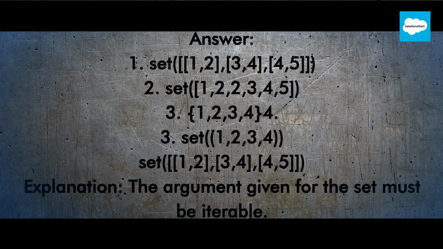Set(1, 2, 3, 4, 4, 5, 2). 2. Set(1, 2, 2, 3, 4, 5, 3, 1, 2, 3, 4, 4, 3). 3. Set(1, 2, 3, 4). 4. Set(1, 2, 3, 4, 4, 5). Explanation. The argument given for the set must be iterable.